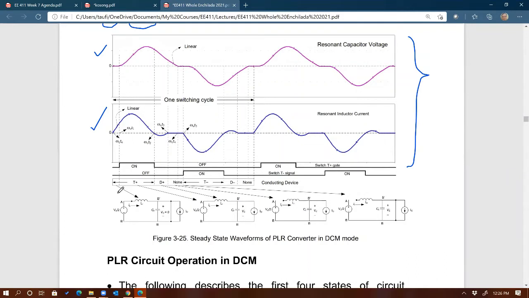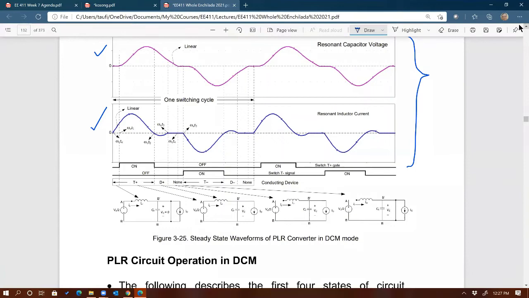And just like before, I indicate which device is conducting at different segments of time: T plus, D plus, and then none. So during this 0 current segment, none is conducting, and then we turn on T minus at that point. This is where we have the freedom of choosing switching frequency.